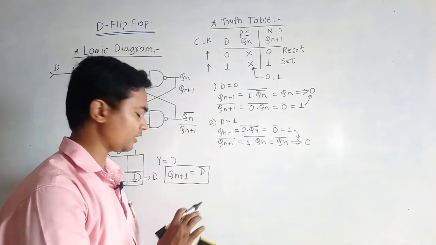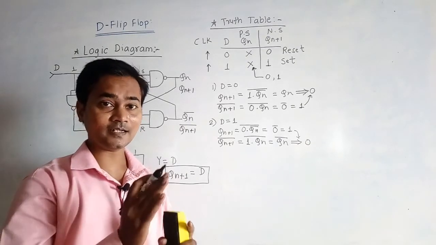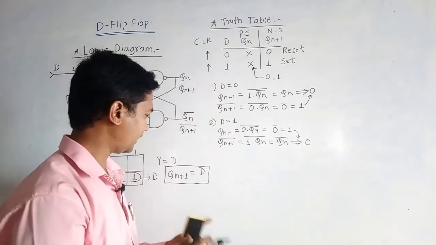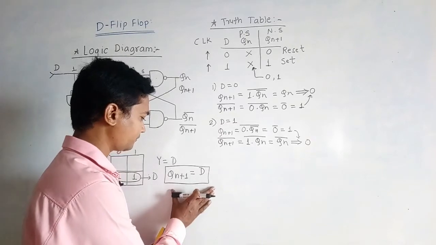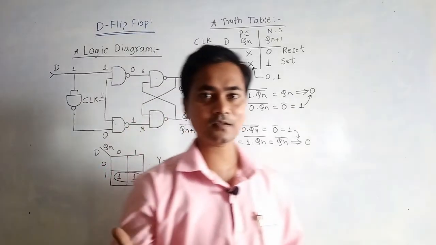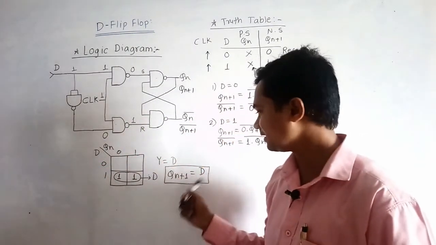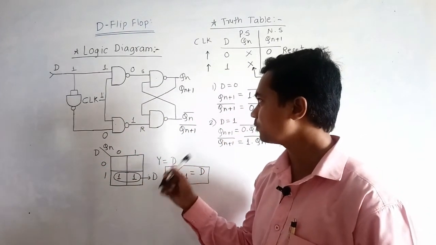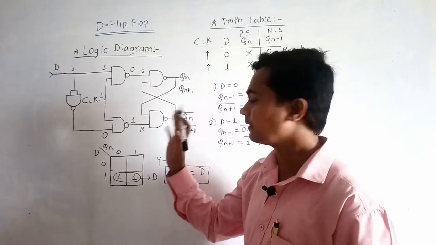Okay, it is totally dependent on the present input only. So in this equation the Qn is not written here. So I hope you understood this D flip-flop.